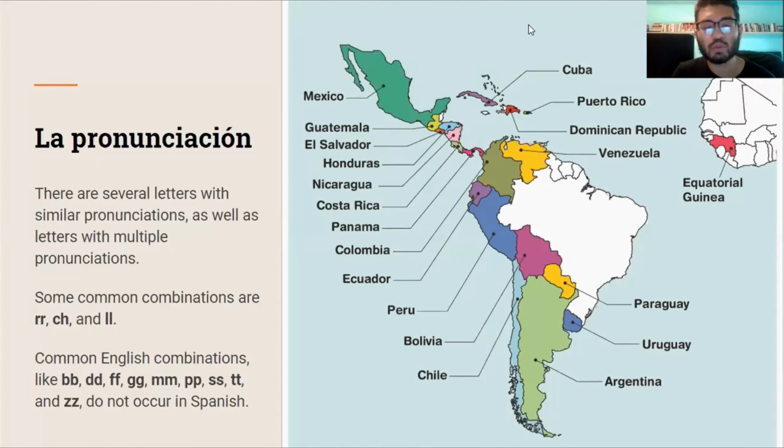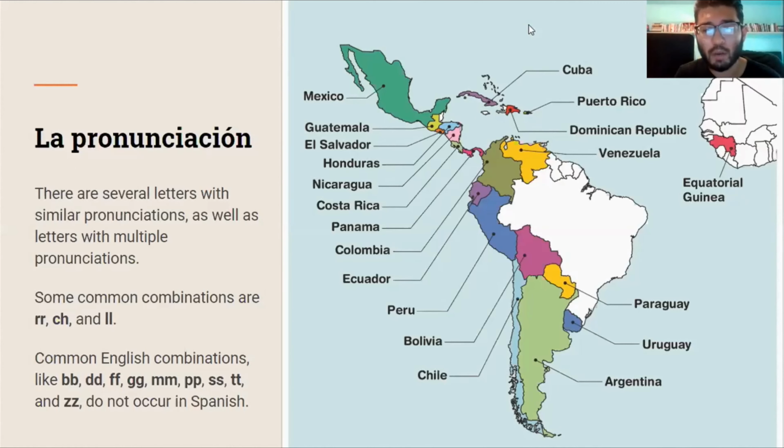One letter can produce different sounds depending on where the letter is within a word, what are the other letters around it. Likewise, there can be multiple letters that produce a similar sound. So we will identify those letters, see those patterns, and try to go over those, practice those.